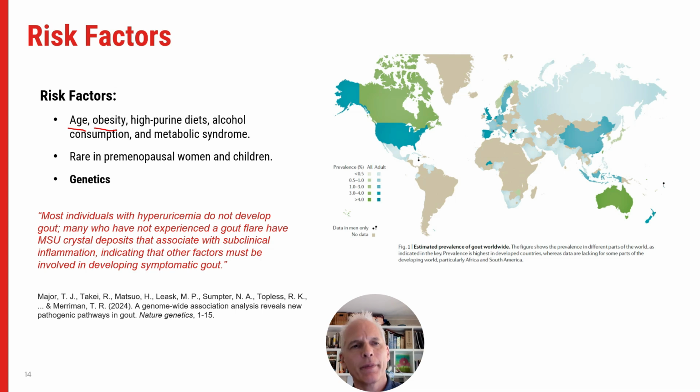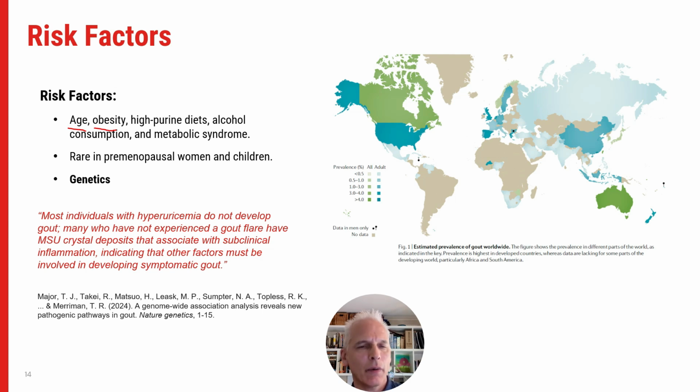You will find people that have monosodium urate crystals in their joints, but they're not reacting to those MSU crystals. And that is part of the reason why genetics plays a part here. Genetics plays a part in not only causing you to retain uric acid in higher levels, but it also changes the way you respond to the monosodium urate crystals as well.